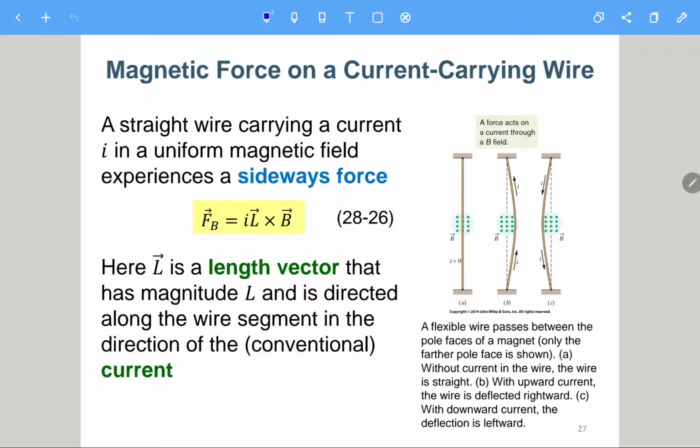So next, we talk about the magnetic force on a current carrying wire. Suppose we fix a wire here.